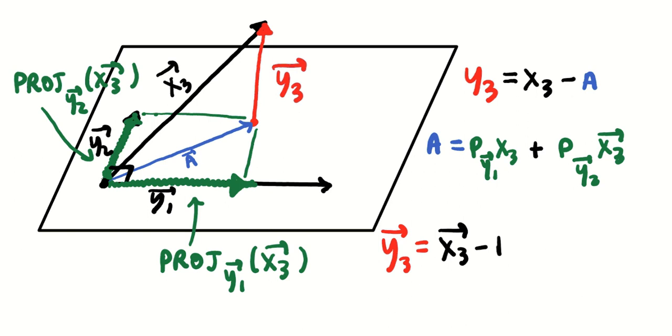So I'm going to subtract both of the projections, the projection of x3 onto y1 and the projection of x3 onto y2. And this is becoming the Gram-Schmidt algorithm.